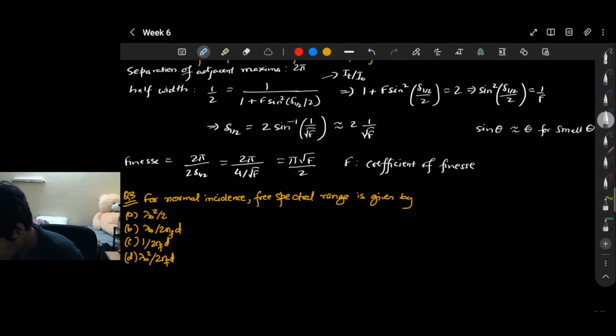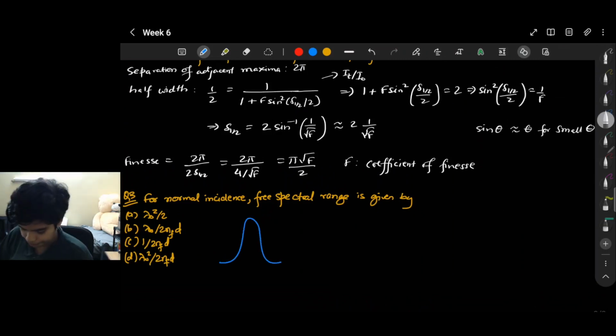So when we have the peaks for two closely spaced wavelengths, so let's say, okay, let me try to draw the neatest possible peak that I can possibly draw. Let's see. Let's try a few times.